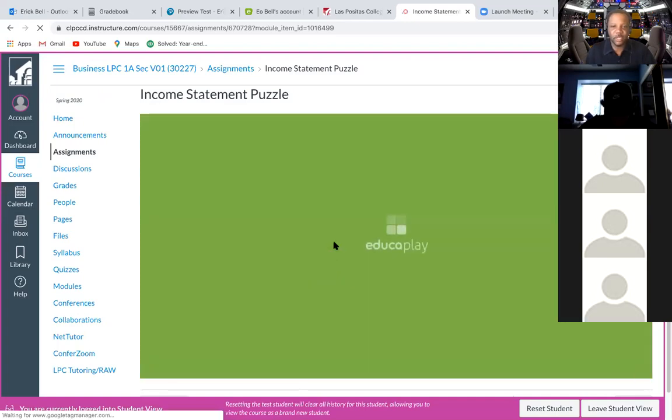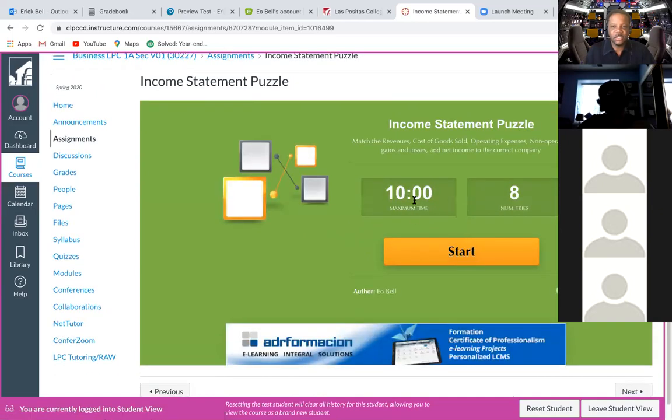This is a little bit of a game to play here. It should take you to this website. You're going to have 10 minutes, and you have 8 tries to match up the revenues, cost of goods sold, operating expenses, non-operating gains and losses, and net income to the correct company.